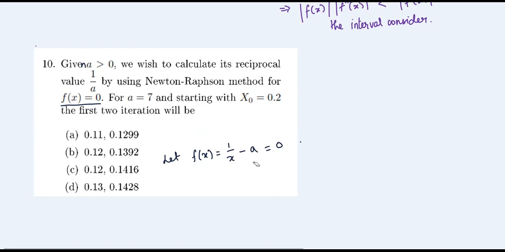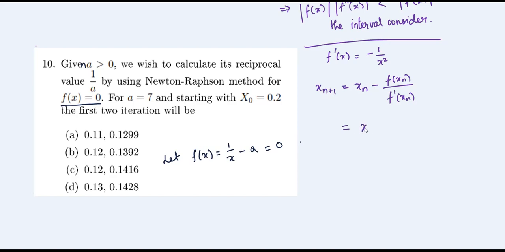So now f dash of x here will be minus 1 by x square. So xn plus 1 is xn minus f of xn by f dash xn.